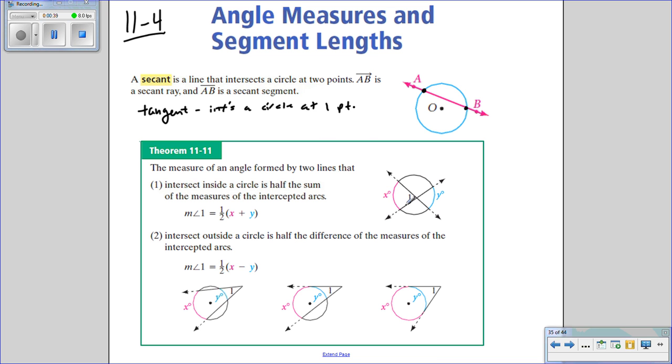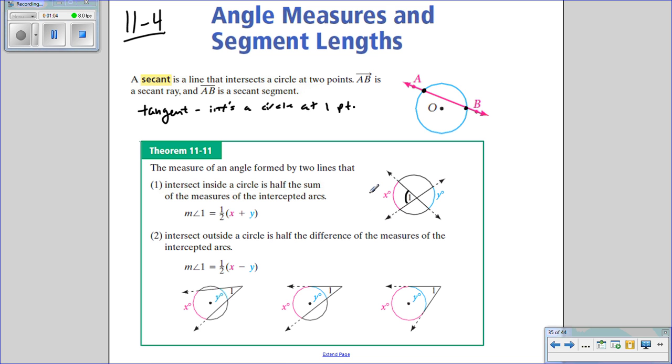When you draw two secant lines in a circle, it creates a couple of different angles. In this case, we have two secant lines intersecting in a circle. The angle inside the circle is going to be half of its intercepted arcs, so half of the sum of those two arcs.